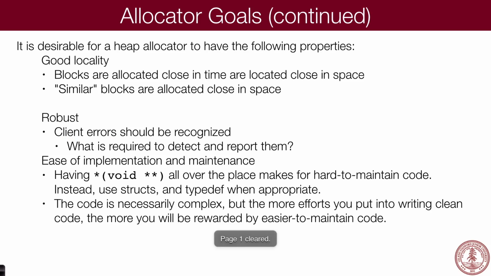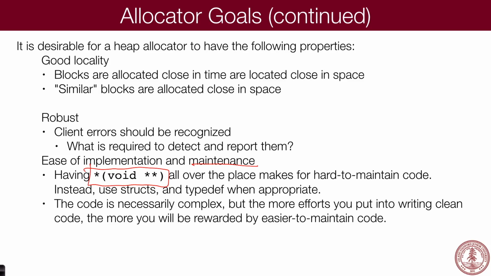You also want to make it easy to implement and to maintain. You're going to have possibly lots and lots of void star and void star star pointers and all these kinds of things. If you have those littering your code, it is not easy to debug, because void stars don't give you much information, and all of the syntax is just kind of ugly.